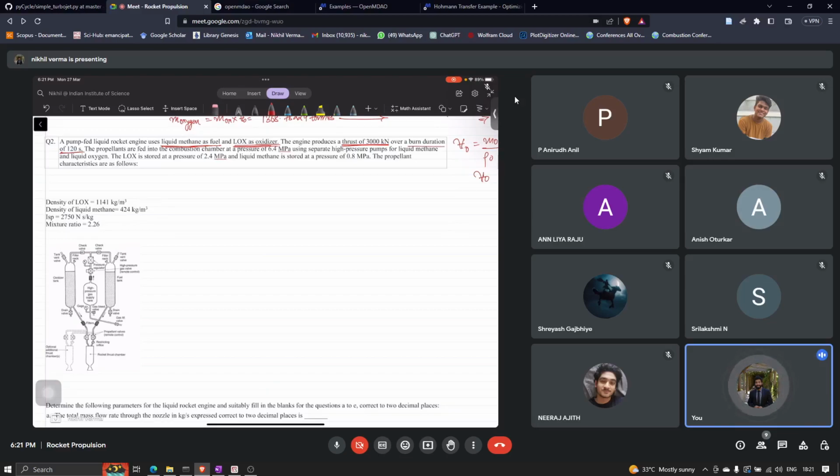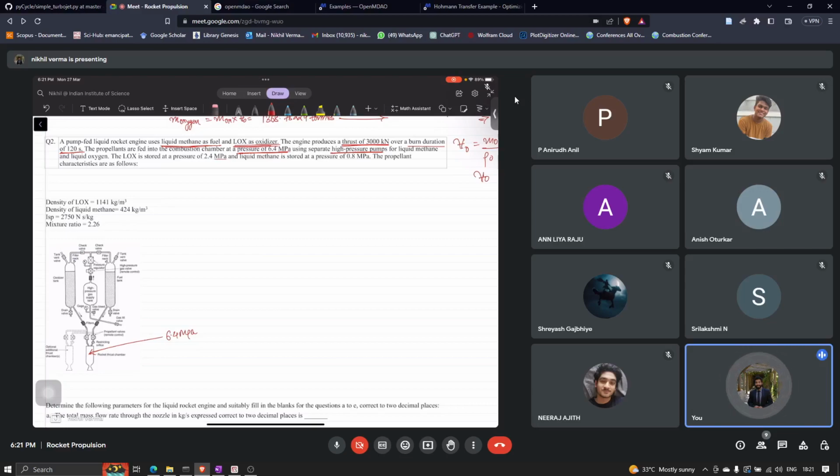Now it is given that the chamber pressure is 6.5 megapascals, and it uses high pressure pumps to pump in liquid methane and liquid oxygen.